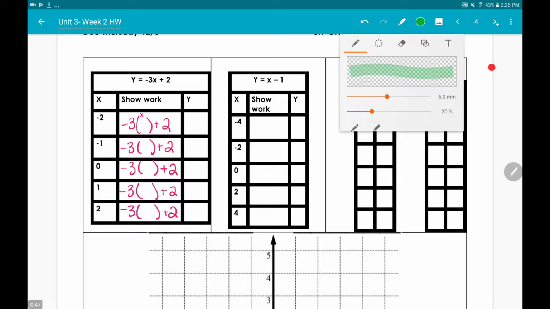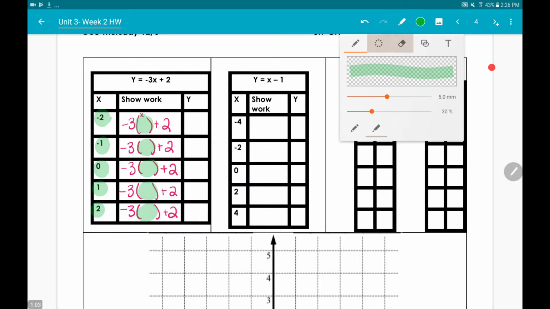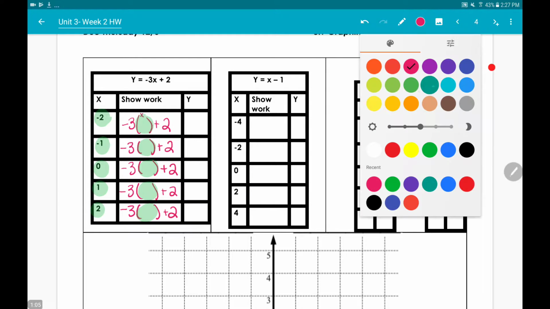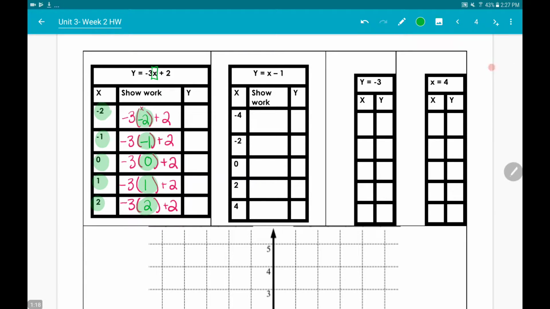Okay, so for this first row, x is -2, so that's what I'm going to plug in that empty space. And I'm going to continue to do that for all of my x values. All right, so at this first one, I would put in a -2, then a -1, then a 0, a 1, and a 2. Okay, so what I did there was I just substituted the x value.